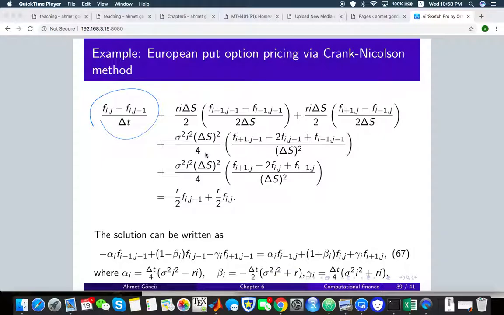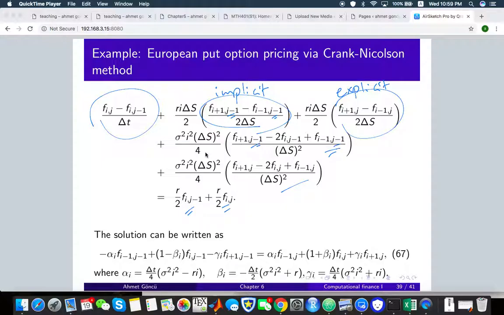So whenever you see time step j, this is coming from the explicit method. And the other parts that contain j minus 1, these are coming from the implicit method. Since we are averaging two methods, whenever you see j minus 1 terms, these come from the implicit method, and this term comes from the explicit method.